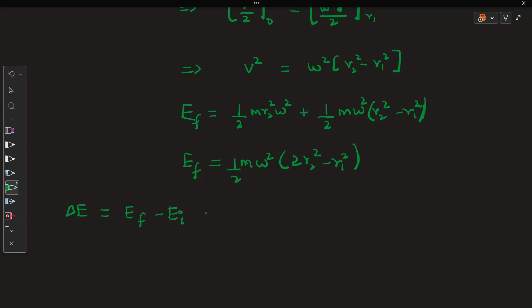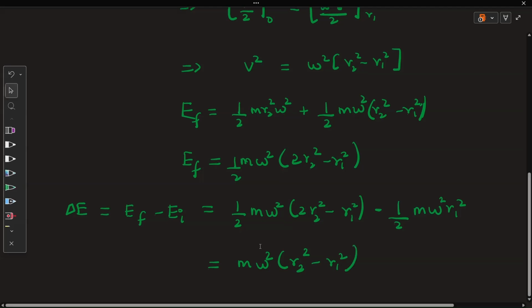Correct, because the work is being done by the external force on the system. So which is half m omega square into 2 r2 square minus r1 square, minus half m omega square r1 square. So what I get is m omega square into r2 square minus r1 square.